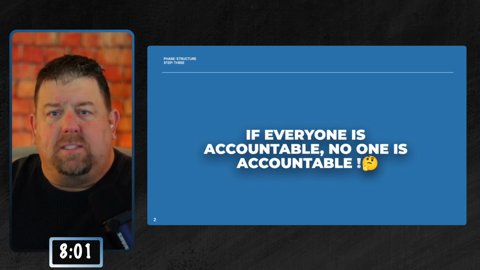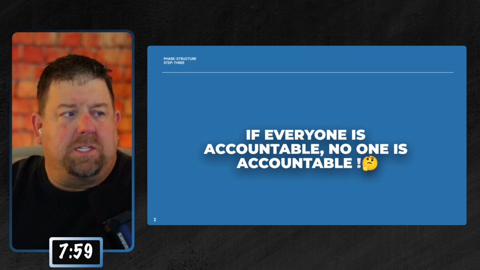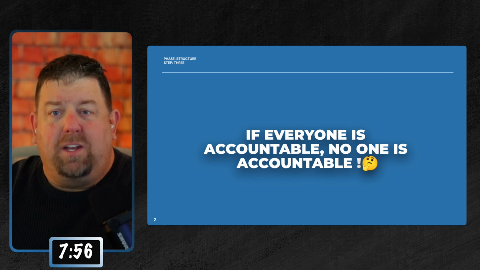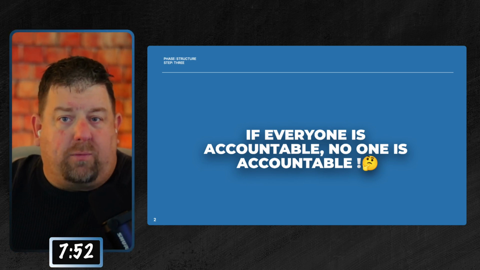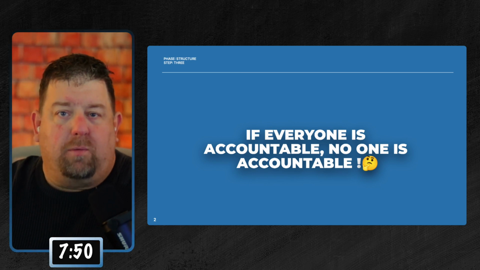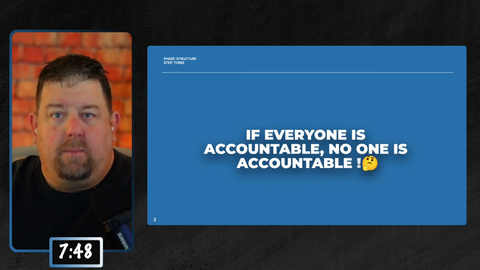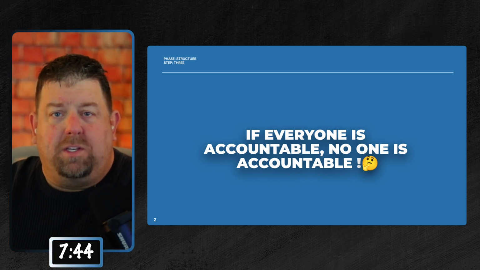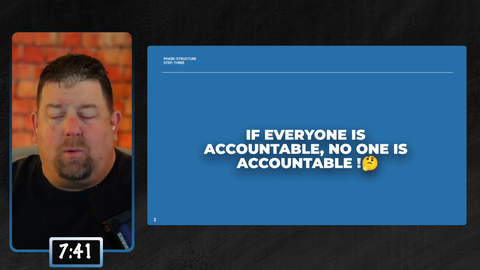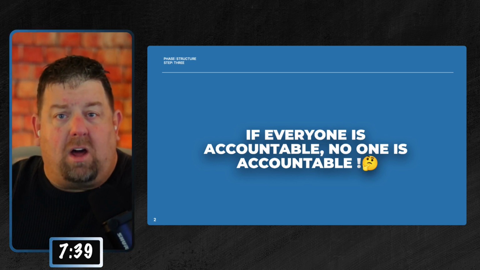The term that we like to say, for anyone that's ever read the book Traction, is if everyone is accountable for something, no one's accountable. What that means is if 3 to 4 or all people are responsible for sales, then that's great because I think in theory that's true. Everyone does contribute to sales in some way, no matter where you are, but someone has to be accountable for sales.